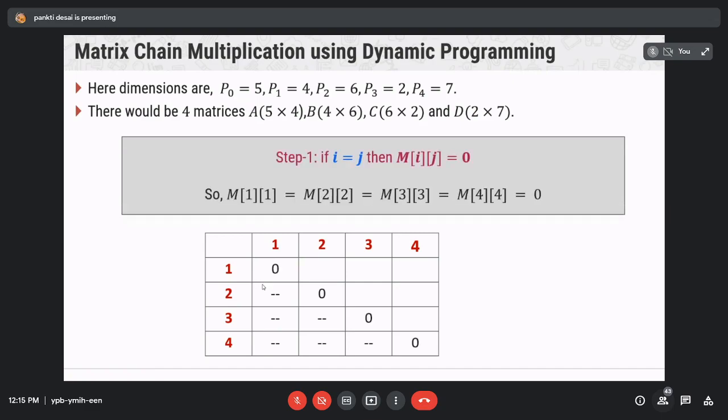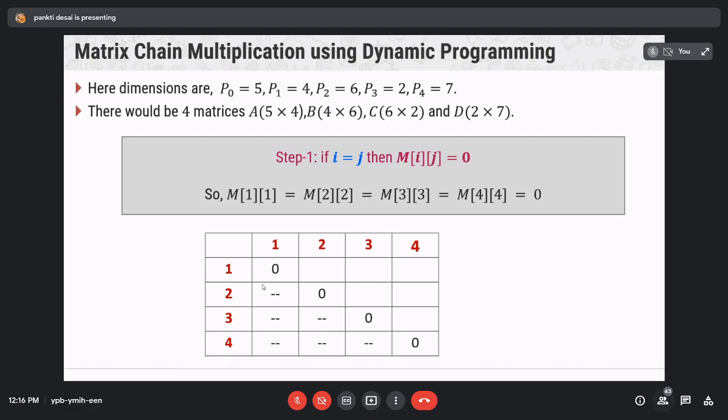The values of I and J depend on the total number of matrices. So if the total number of matrices is 4, then the value of I goes up to 4 and the value of J goes up to 4. I is the total number of rows, J is the total number of columns.